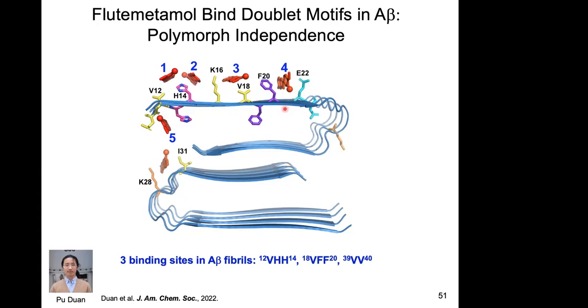Well, if you have two sequential amino acid residues, then as long as you have a beta sheet backbone, one residue will face one side of the beta strand, the other residue will face the other side. So we think that this allows this drug to recognize one of the two histidines, one of the two phenylalanines, and one of the two valines, regardless of which polymorph you have in the brain. This is the interpretation that we have.